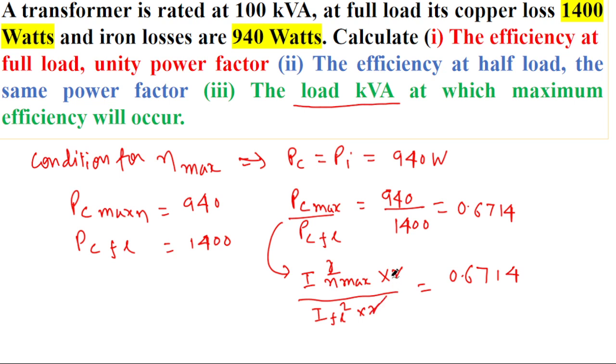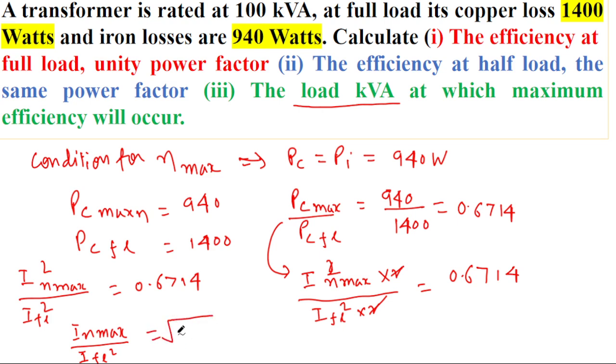So R will get cancelled with R1. So it is I η max squared divided by I FL squared equal to 0.6714. So I η max divided by I FL, whole squared, is equal to 0.6714, so I η max divided by I FL is the square root of 0.6714.